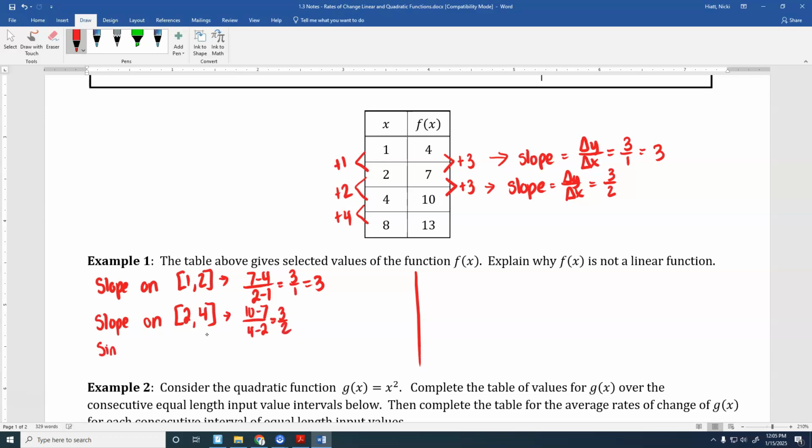Since these slopes are not equal, f of x is not linear.